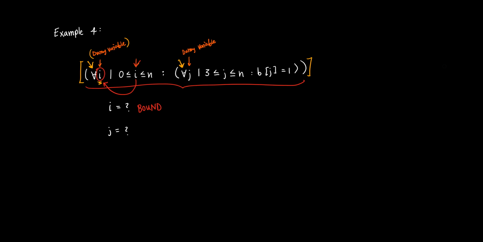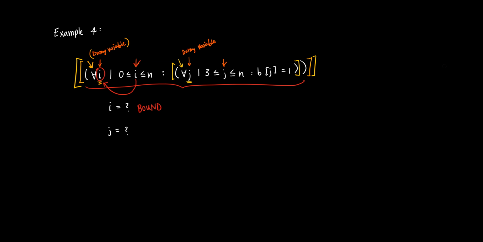Now let's take a look at j. Let's take a look at this occurrence of j right here. We first ask ourselves, is j within a quantification? In this case, it's actually within two. We're within this smaller quantification right here, and we're within this larger quantification right here. So the answer to that question is yes, j is within a quantification. Now we need to ask ourselves, does j appear next to a quantifier? Well, we identified that at the beginning.